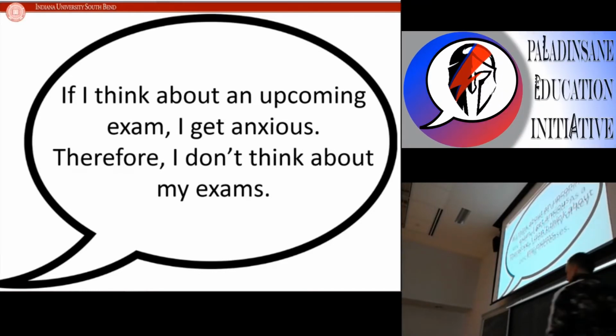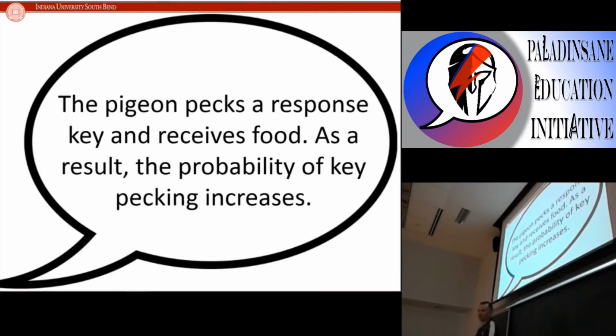All right, well, we have to do at least one textbook example, so let's look at this one here. The pigeon pecks a response key and receives food. As a result, the probability of key pecking increases. So give that one a look. Let's see what that contingency is.